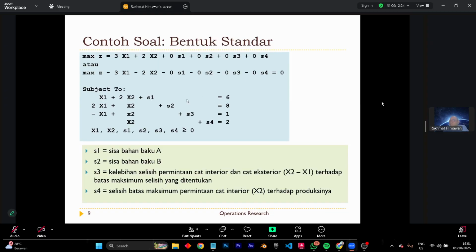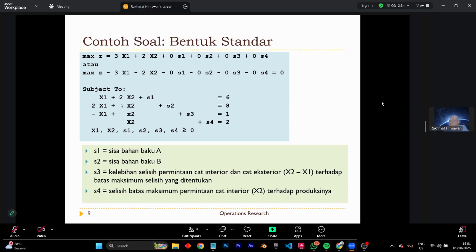You can see here, 6 is the raw material A. So whatever you produce cannot be more than 6. If you produce X1 and X2, however many, and use 5 of raw material A for them, then S1 must be 1. So you have 1 ton left out of 6 because you use only 5. If it's 0, that means you don't have anything left.